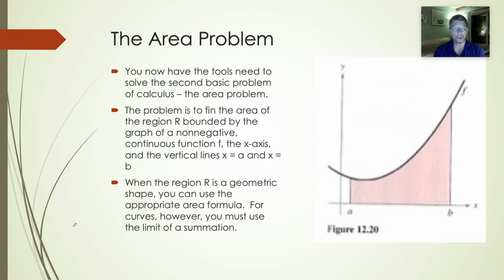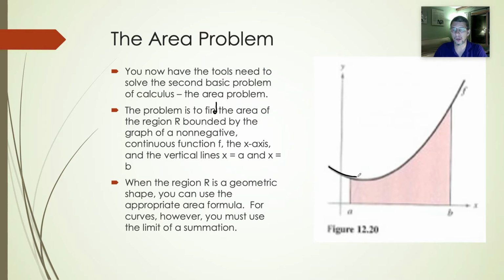The moral of the story is that you now have all of the tools needed to solve the second basic problem of calculus, which is the area problem. The problem here is simply to find the area of the region R bounded by the graph of a non-negative continuous function.